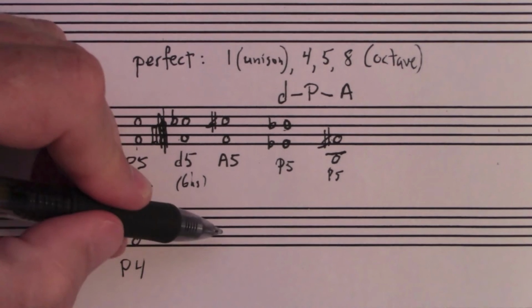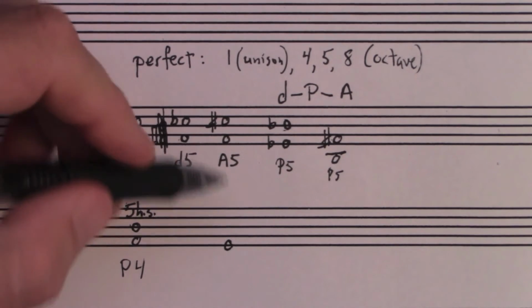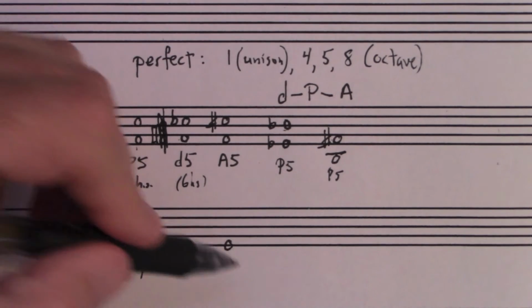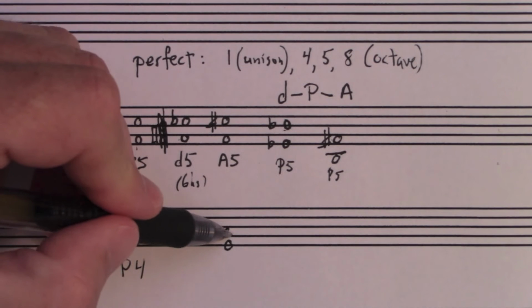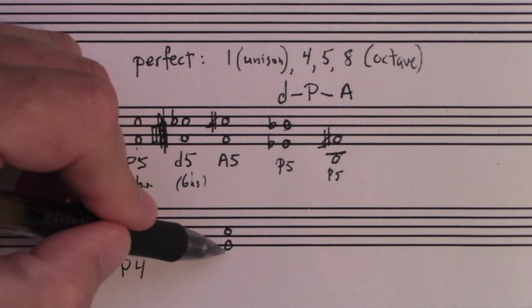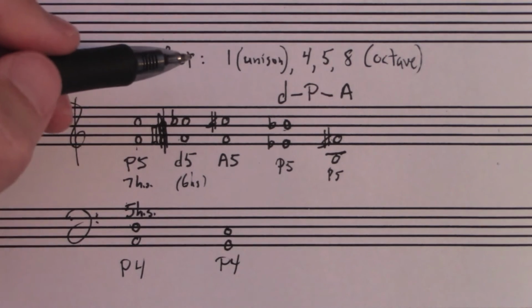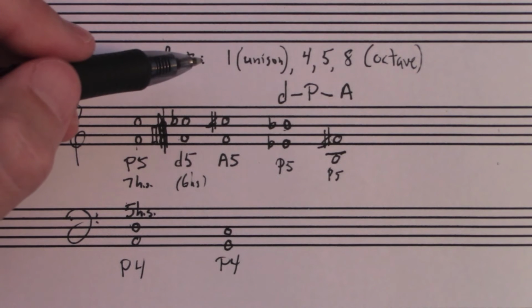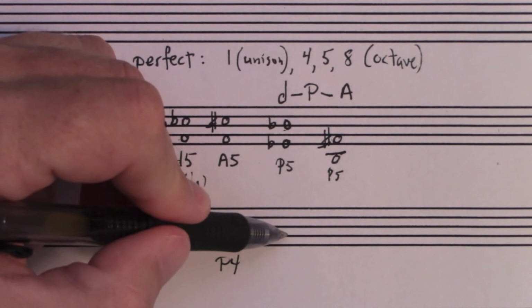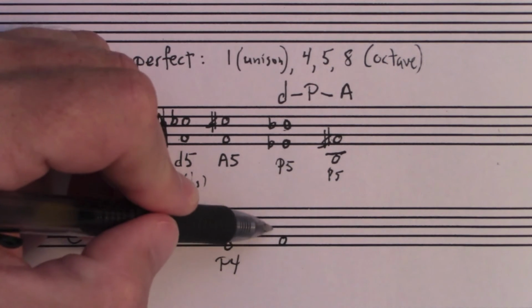Okay? So, let's do a perfect fourth above G. What's your letter? Fourth. G, A, B, C. It's a C. Is that 5 half steps? Yes. So there's our perfect fourth. What about A flat?